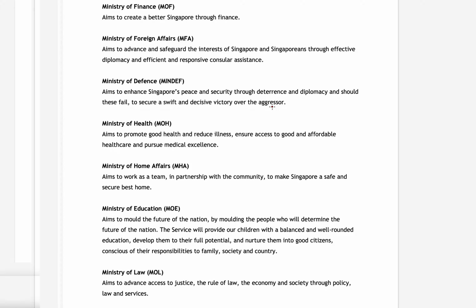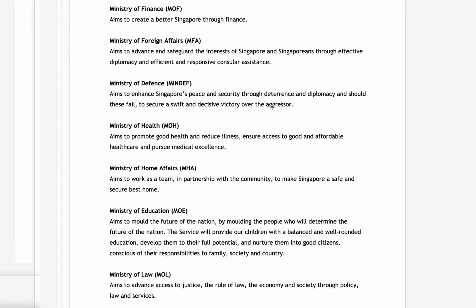MOH, the Ministry of Health, is in charge of ensuring that Singapore is able to keep up with infectious diseases, to control the spread of diseases, and to promote good health and reduce illness. Of course, it will also be in charge of making healthcare affordable for all Singaporeans. We'll talk more about this in diversity when we talk about the healthcare system.